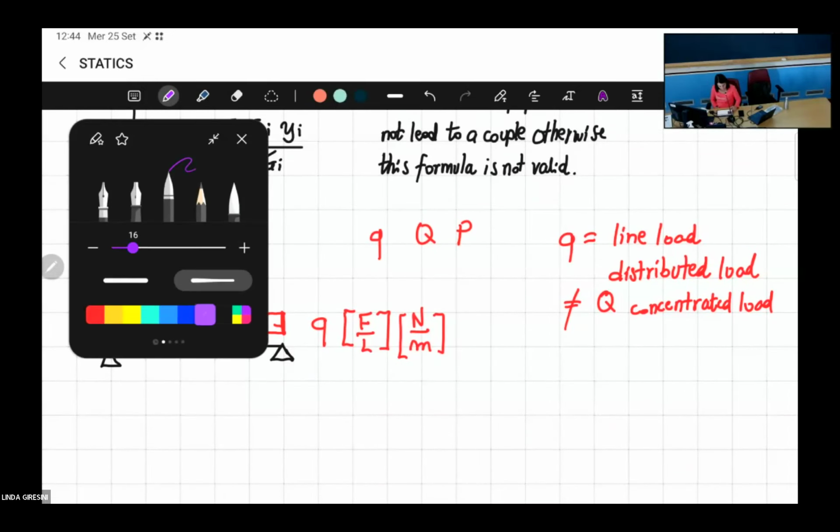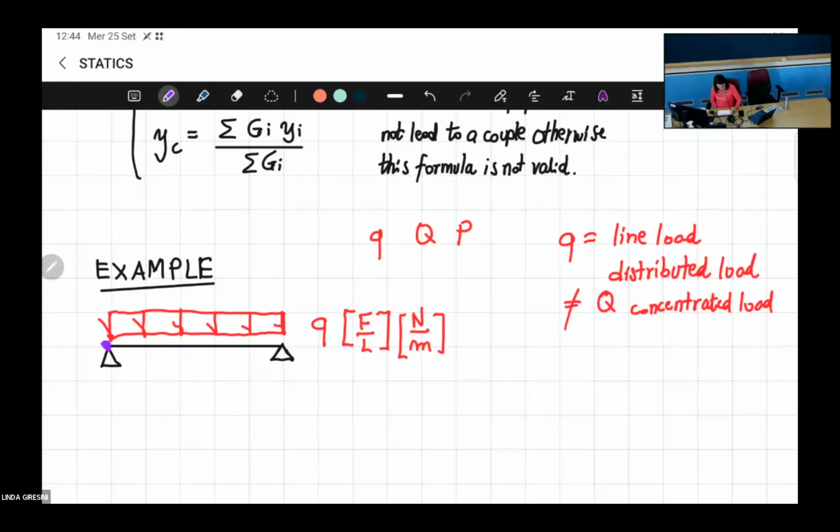Okay, so we assume that O is the origin of the axis. We consider the z-axis in here. Let me write x. Z is the same, but I just want to keep the same letter as before, so as not to confuse your minds.